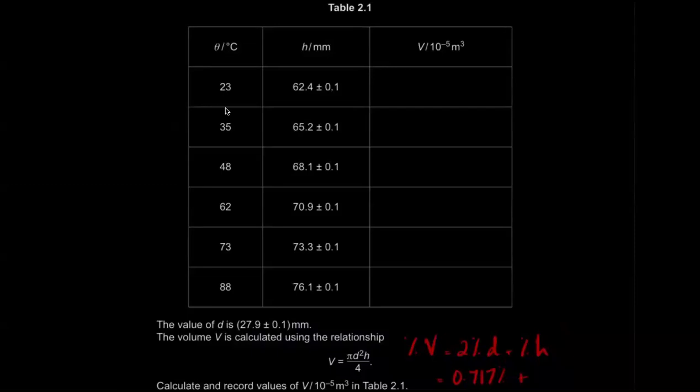So 27.9 into 10 to the negative 3 squared. H is 62.4. This is also millimeters into 10 to the negative 3. No square on this, divided by 4. So this value turns out to be 3.814.